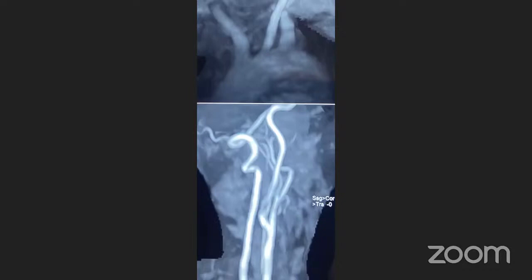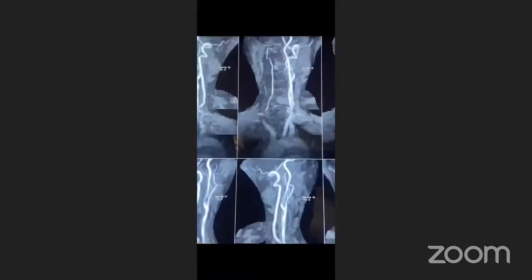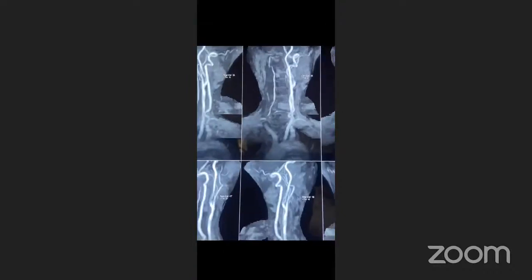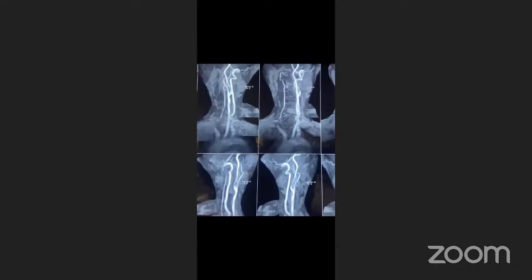So what are the differentials in these patients? When I examined him, his right radial was feeble, and there was a gross difference in the systolic pressure between the left and right arm.